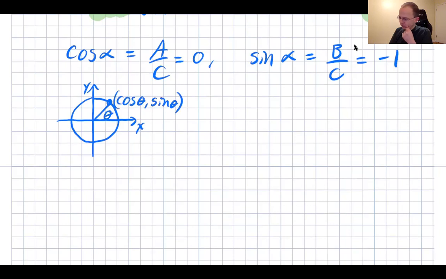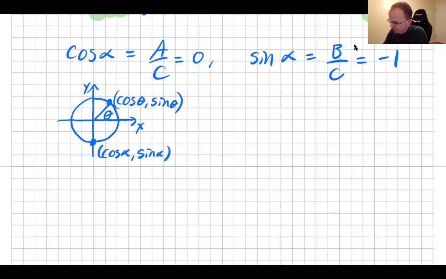Okay, so what is the point? We want the point 0, minus 1. So 0 for x, and then minus 1 for the y value. So that is this point right here. So here is our point, cosine alpha, sine alpha, right there. And what is this angle? It's this angle here, from there to there.